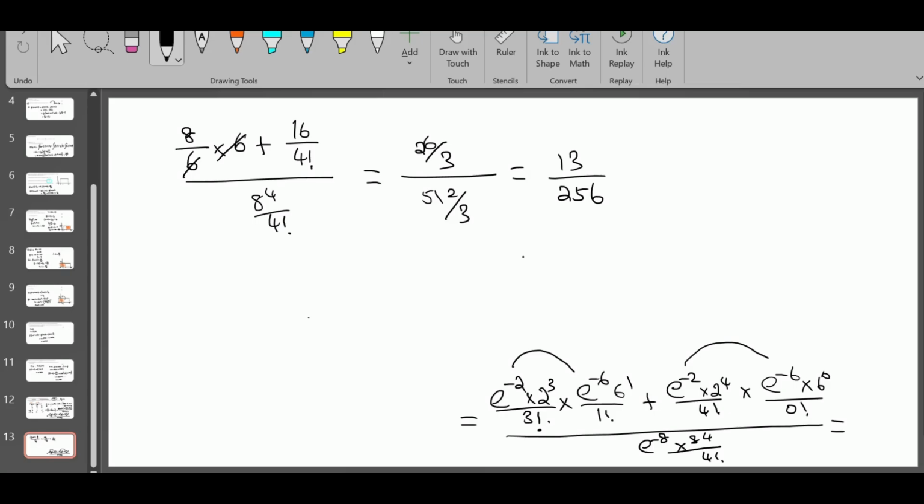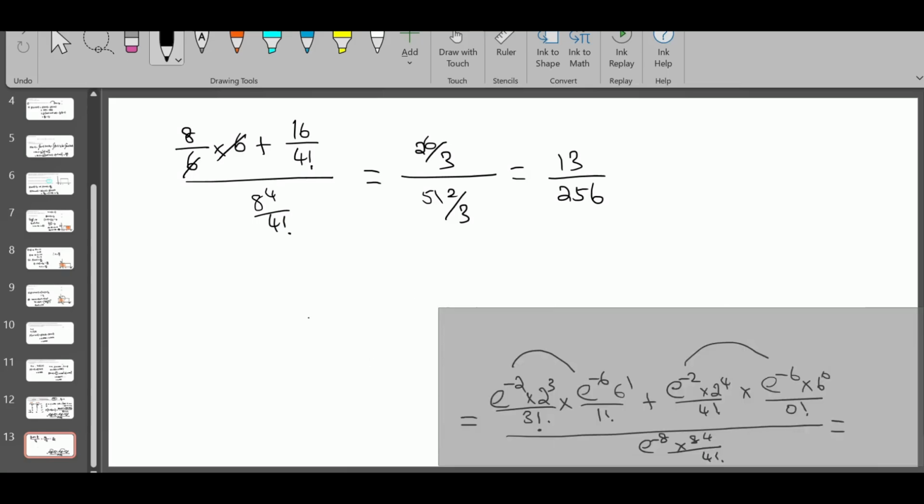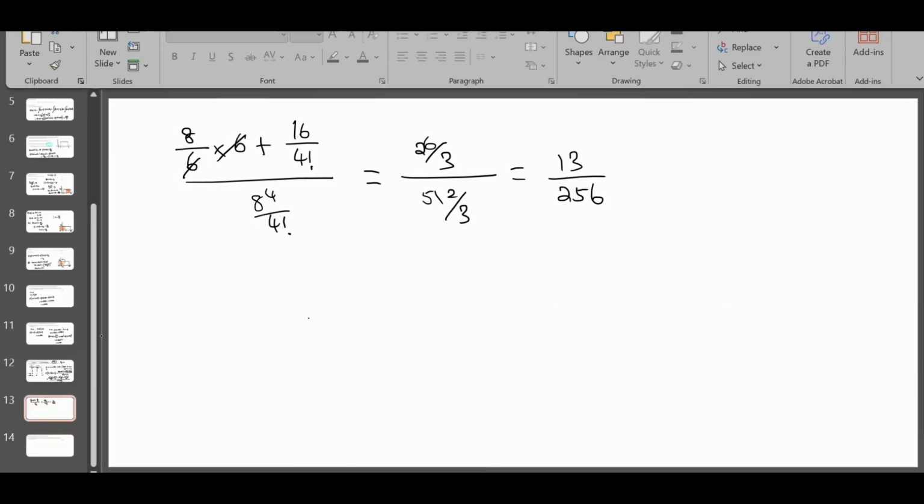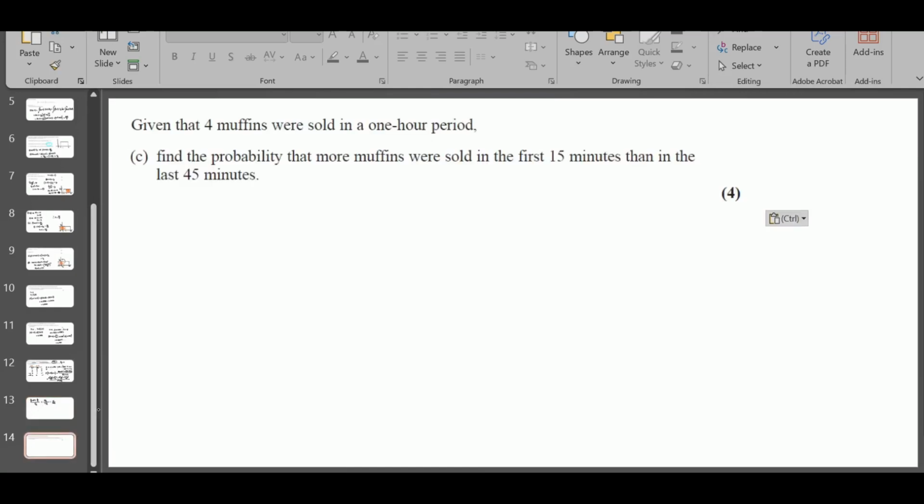We can use binomial distribution to find the probability also. So I'm going to show you method 2 now. We got the answer already here, but now I'm going to show you another method. Now there is 15 minutes and 45 minutes, right? So if you put it as a ratio, it's 1:3.